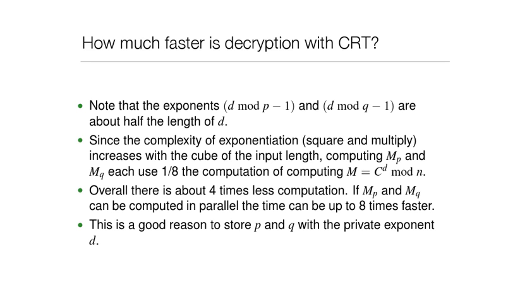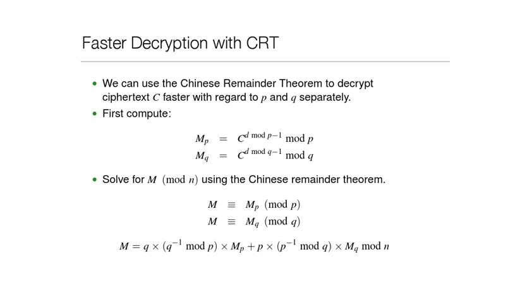So it is said that overall there is about 4 times less computation when CRT is used instead of the normal RSA decryption. So that means MP equals C to the power D mod P, and MQ is this other thing shown in this equation.